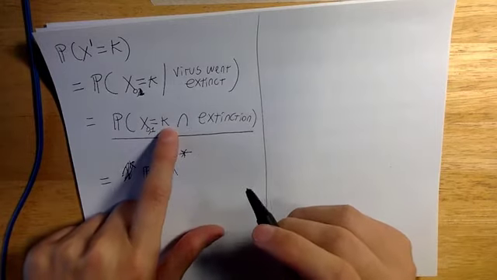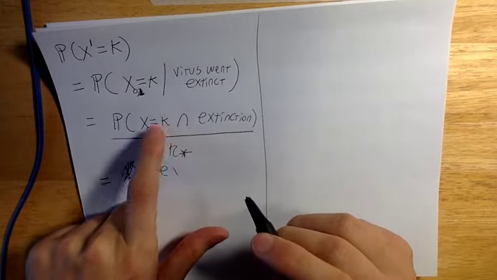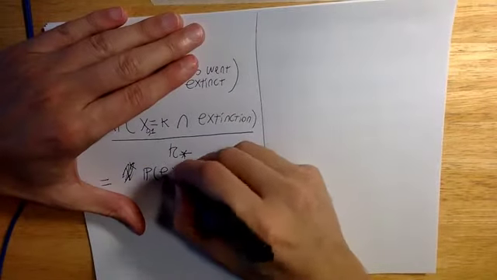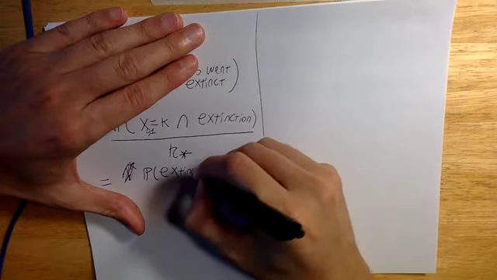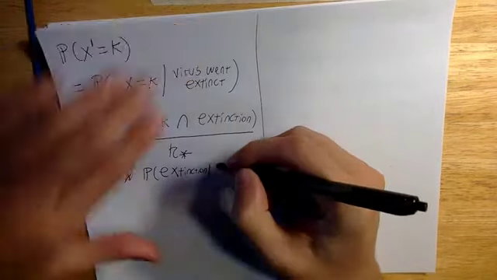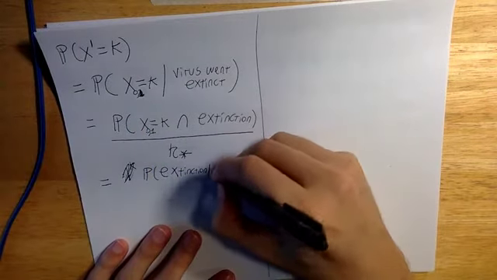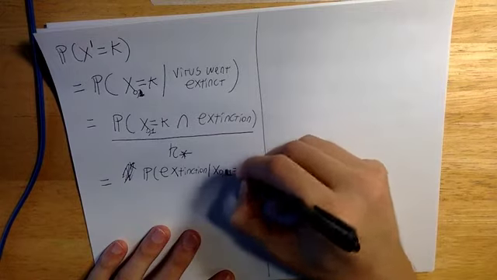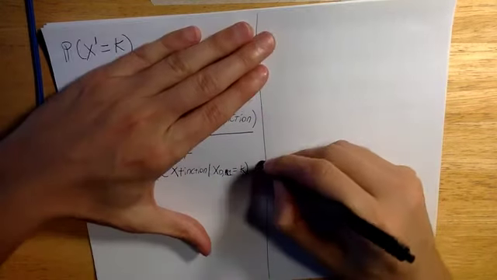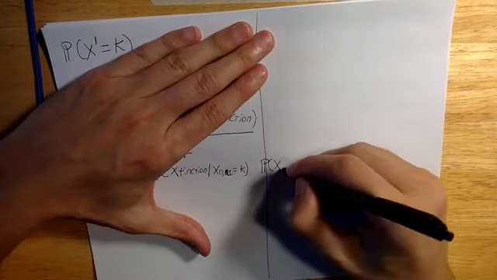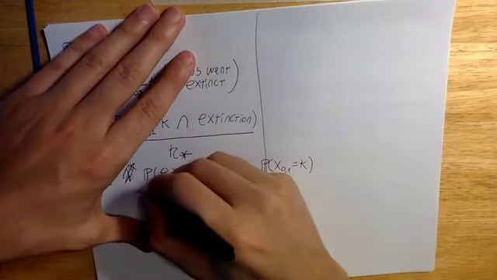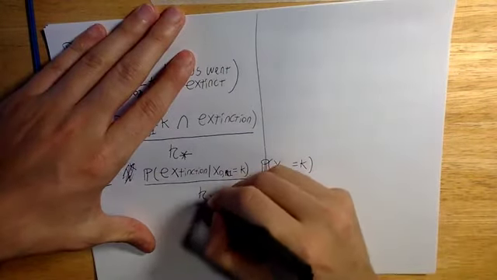If patient 0 infected k given extinction, this is the probability of extinction given X_{0,1} is equal to k, times the probability that X_{0,1} is equal to k, over eta star.